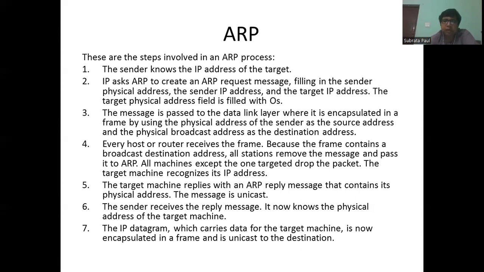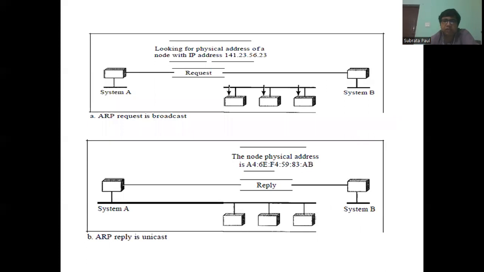Now we will see the diagrammatic representation of this entire procedure of ARP. Here, this is the source. It sends the ARP request. It is received by all the machines as it is a broadcast message. All the other machines drop the packet, and only the target machine, that is system B, accepts the request, and after accepting it, embeds its own physical address and sends it via a reply.